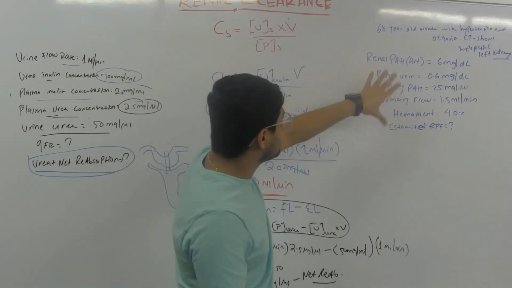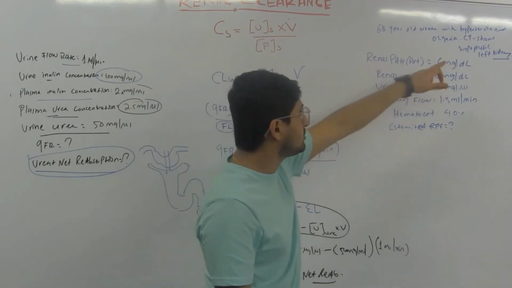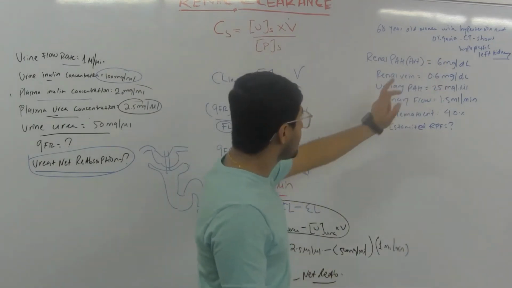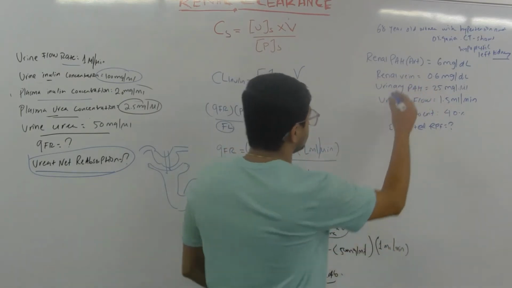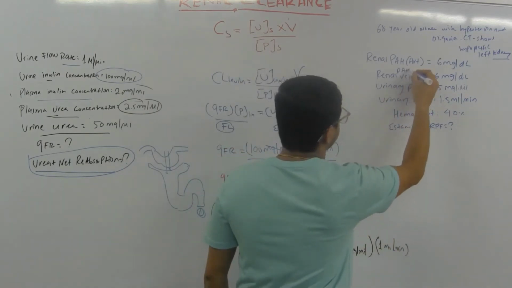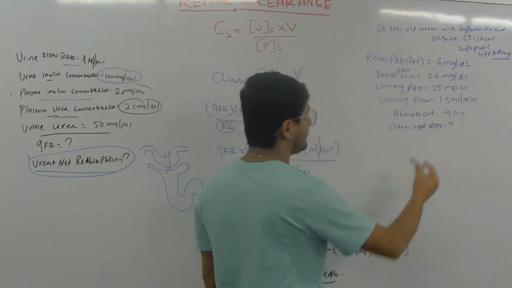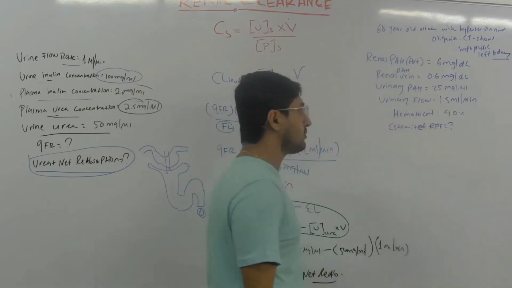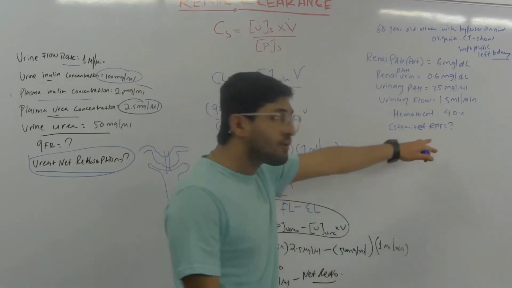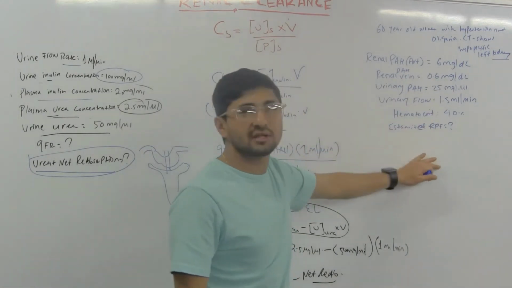They give us a bunch of numbers: renal arterial PAH, which is 6 milligrams per deciliter, and renal vein PAH of 0.6 milligrams per deciliter. Urinary PAH they give you 25 milligrams per ml. Also, they give you urinary flow rate of 1.5, and they also give hematocrit. But they're trying to find the renal plasma flow. Do we need all that information?